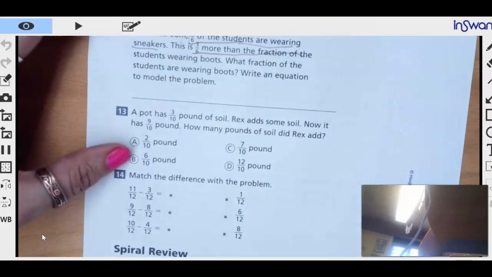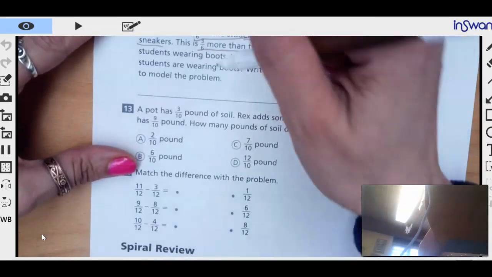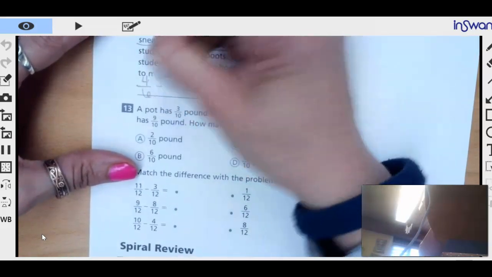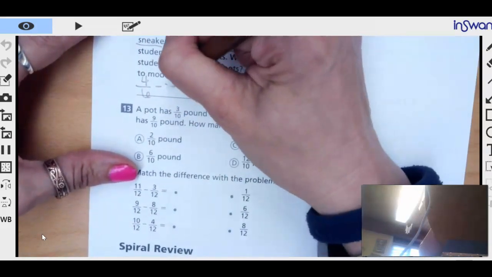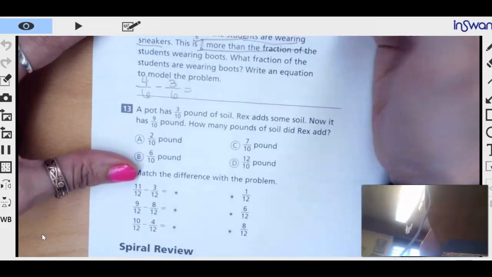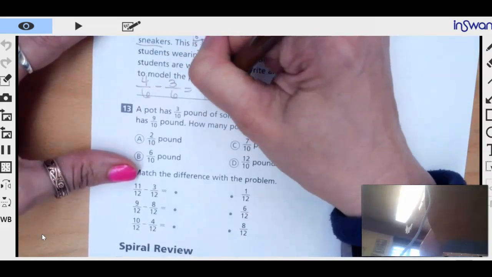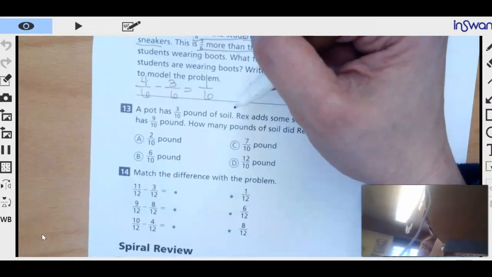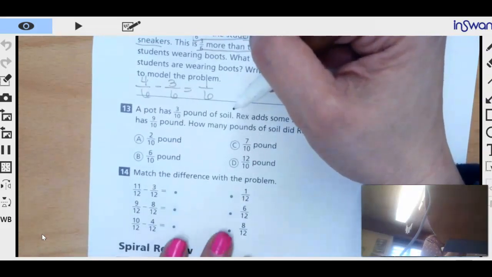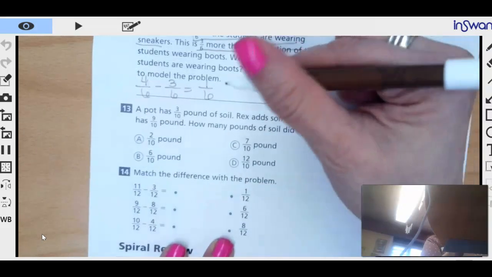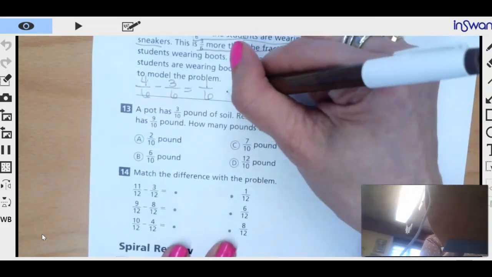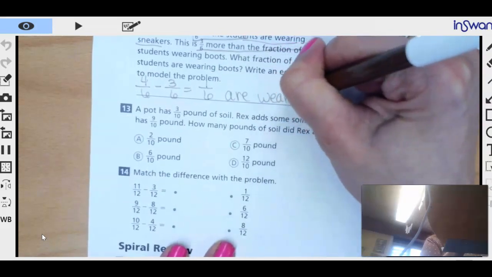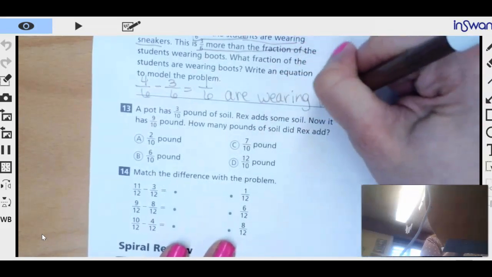So in order for us to find out the difference between the two, we're going to have to say 4/6 subtract 3/6 equals 1/6. What's our label? Students. Students wearing boots. That's students. Are wearing boots.